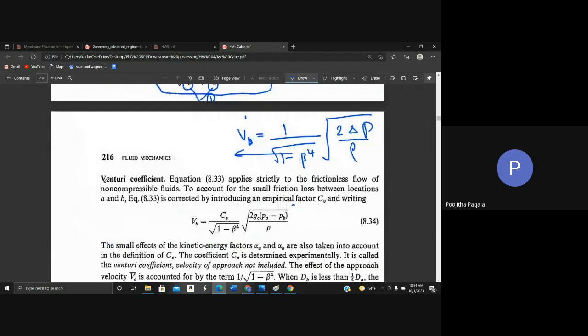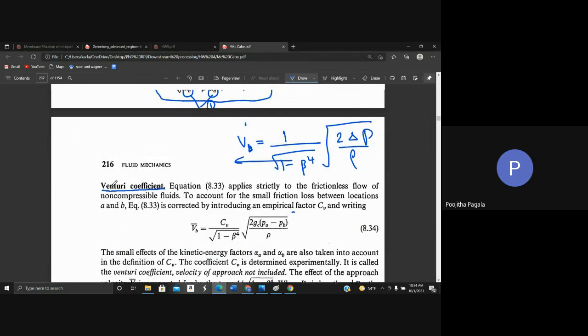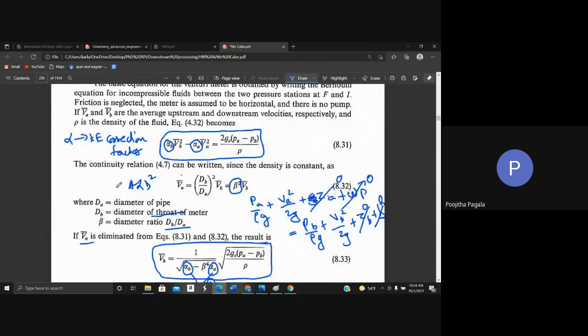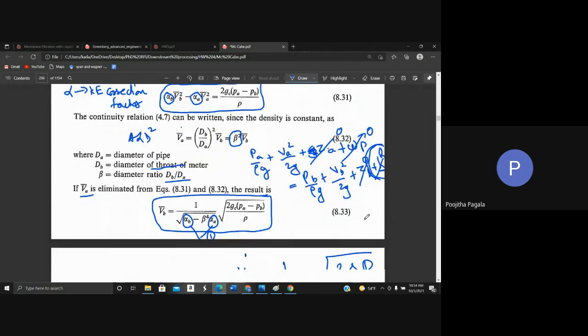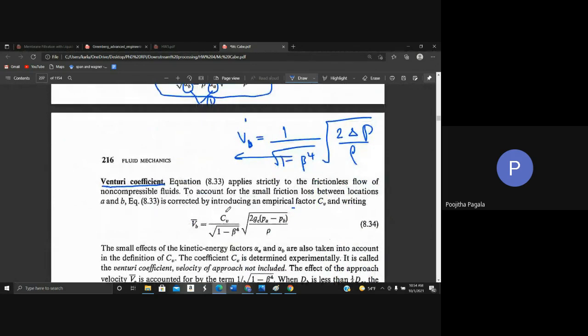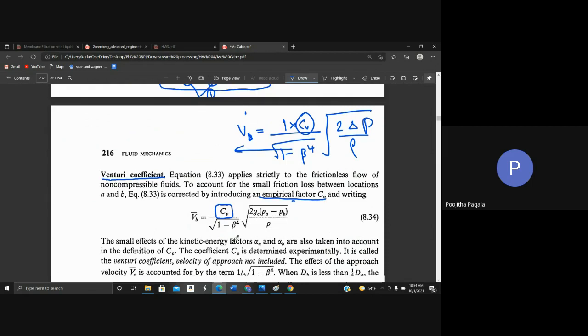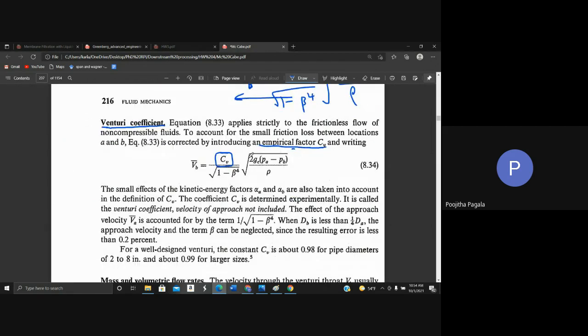Now there is a new term called the Venturi coefficient. If you recollect, previously during the derivation we neglected the losses. But in reality there will be some losses, and that is the reason we include the Venturi coefficient. If you multiply this with CV, which is the Venturi coefficient and an empirical factor, you're going to get this.